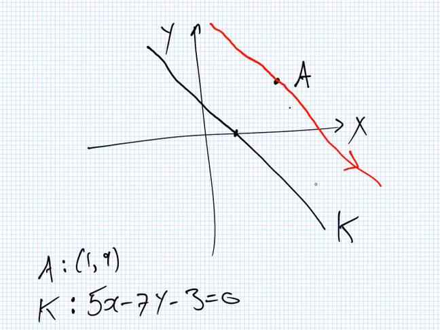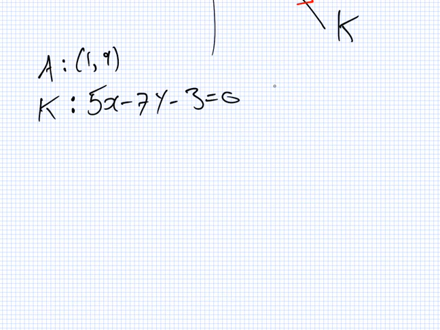And I also tell you that K is perpendicular to L. This symbol here means perpendicular. Okay, so I want everybody to sketch this again. So I want to see K, L, and A. So this is the next question.